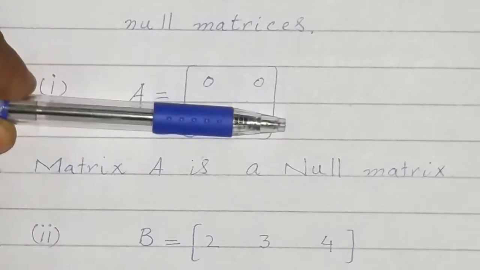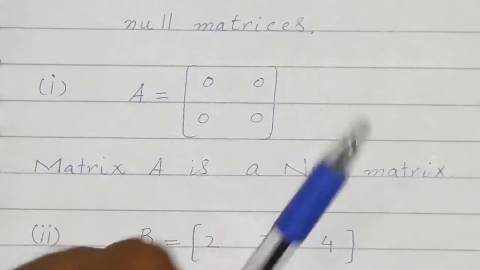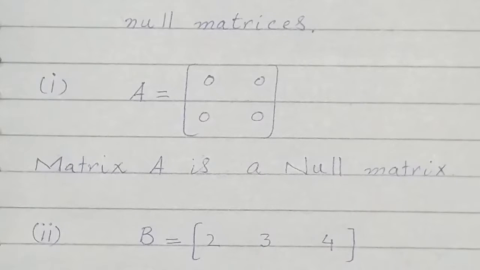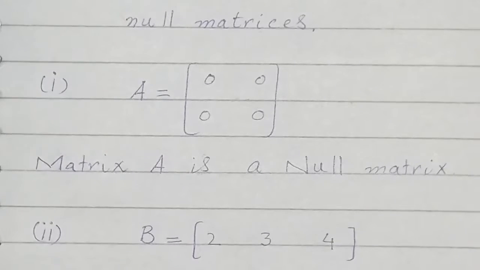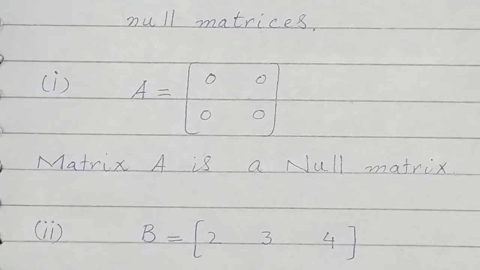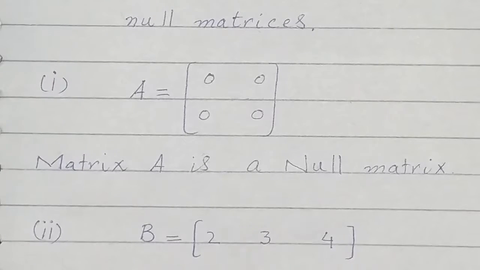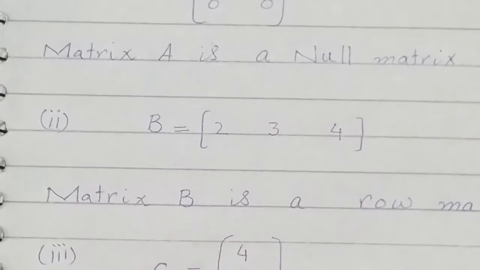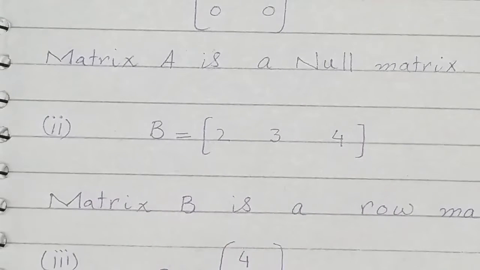It has 2 rows and 2 columns. So if you want to describe it order-wise, you can say that it is a null matrix of order 2. Here is another matrix, matrix B. You can see it.